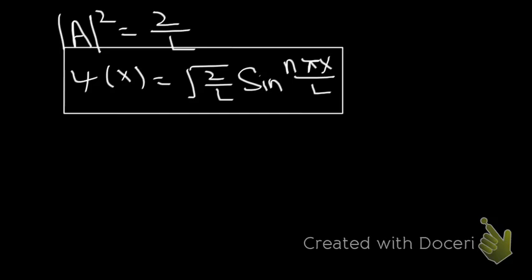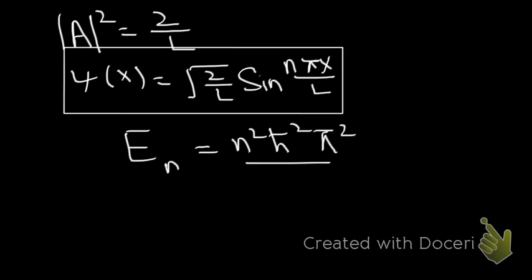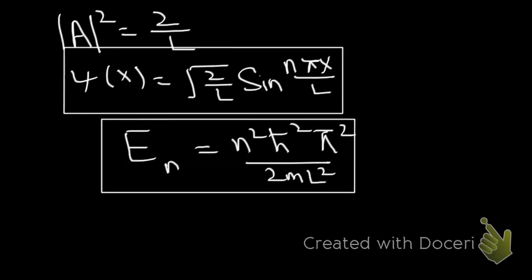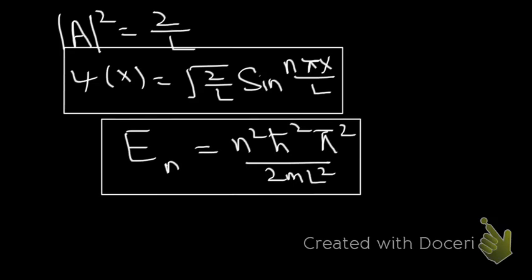We also found our energy eigenvalues, E_n equal to n squared h bar squared pi squared over 2m L squared. This was actually our goal: to find the wave functions and the energy eigenvalues for this problem.